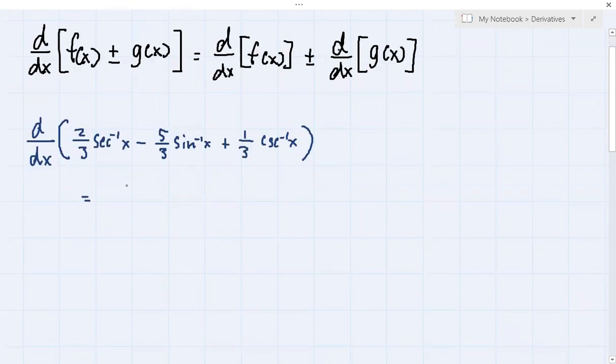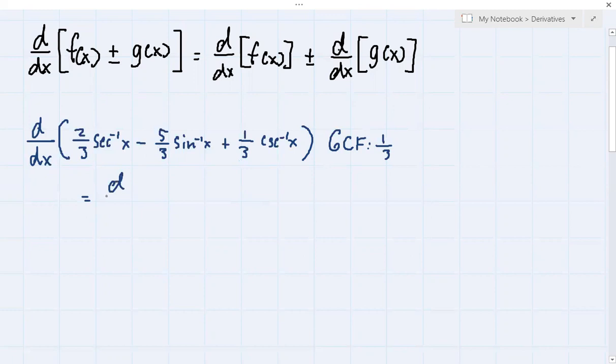But actually, before we differentiate, I can simplify them. If you look closely at these three terms, what do they have in common? They have the denominator of 3. So 2/3 arcsecant x, negative 5/3 arcsine x, and 1/3 arccosecant x are all divisible by 1/3, which is their greatest common factor. So we can factor it out.